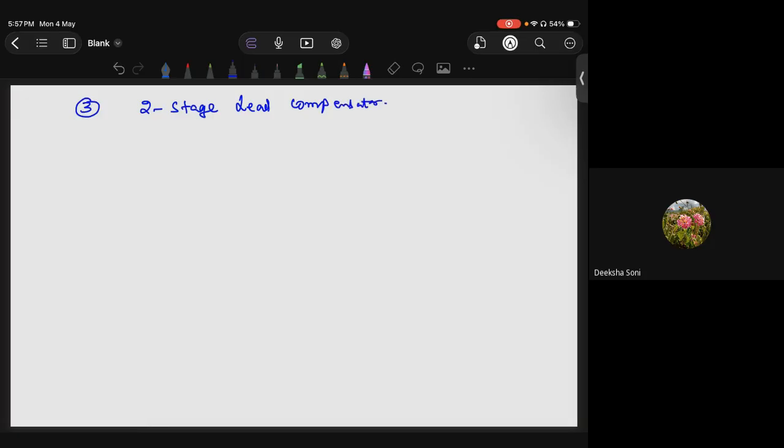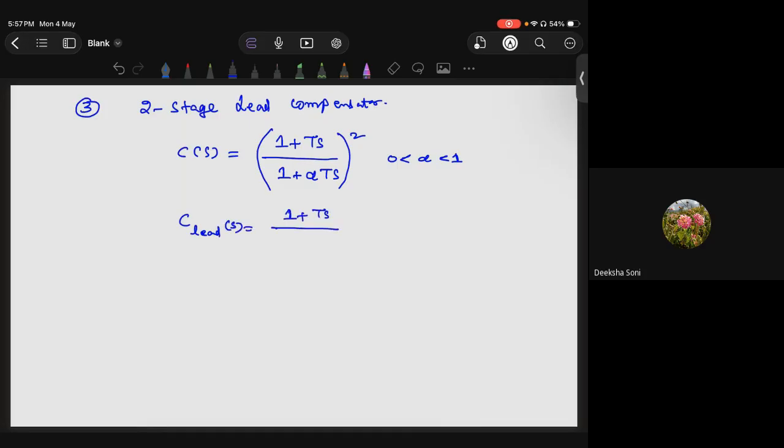C of S is 1 plus TS divided by 1 plus alpha TS. This is the lead compensator for a value of alpha between 0 and 1. When we say two stages, both will be in cascade. In the first stage, we'll have the lead compensator 1 plus TS by 1 plus alpha TS.